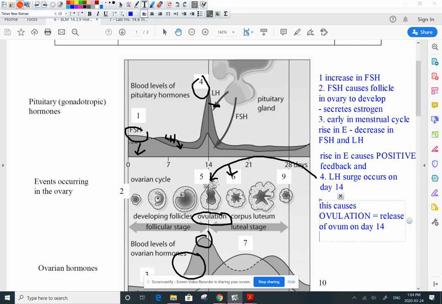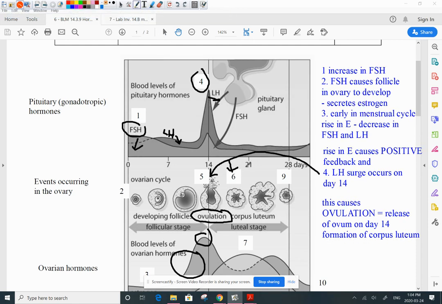And the secondary thing is that the cells that used to be called the follicle are now transformed into the corpus luteum. So these two events are now happening because of this big rise in LH. So number 5 is ovulation, and number 6, the formation of the corpus luteum.